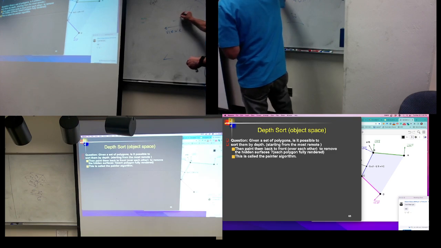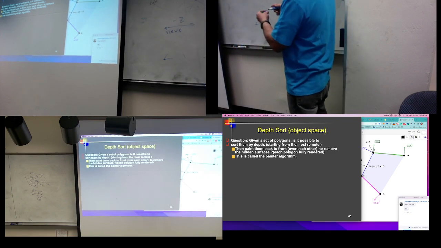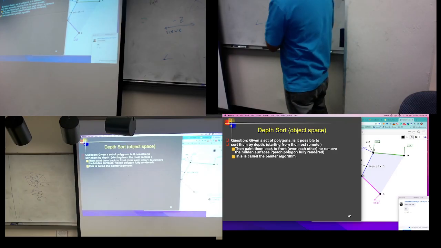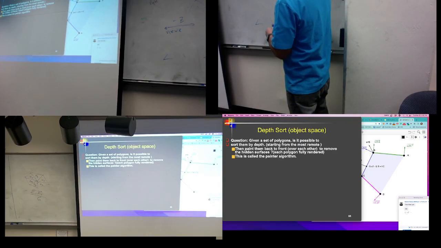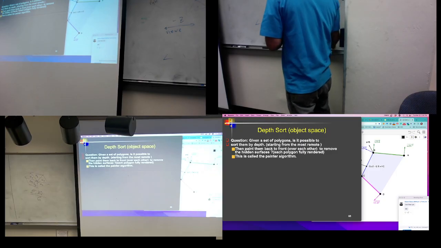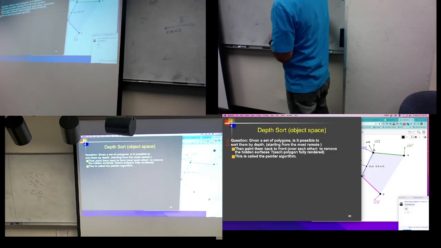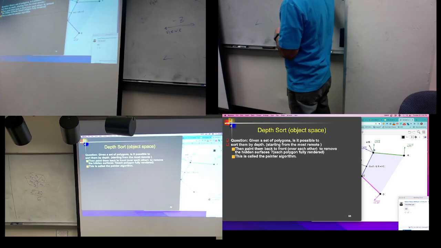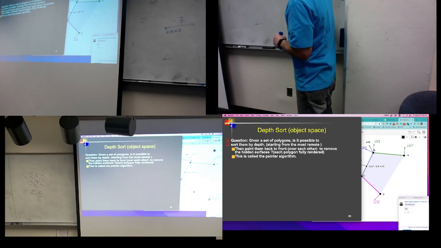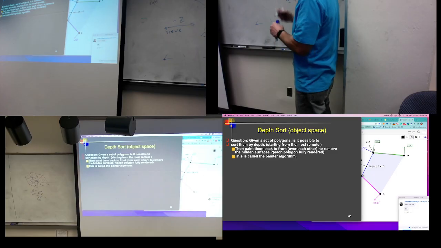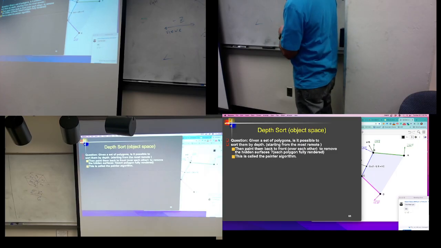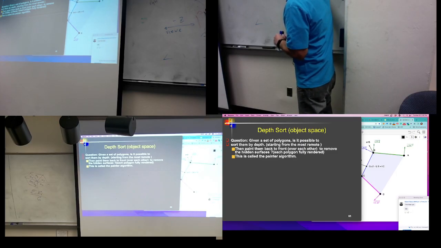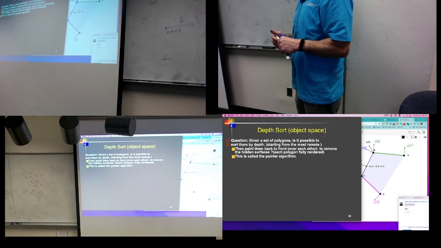That would be the minus z direction that he's looking at. I'll sort triangles, but unfortunately I'll draw them as segments because it's 1D. Segment 1 is furthest away from the viewer. Segment 2 is a bit closer. Segment 3 is a bit closer.